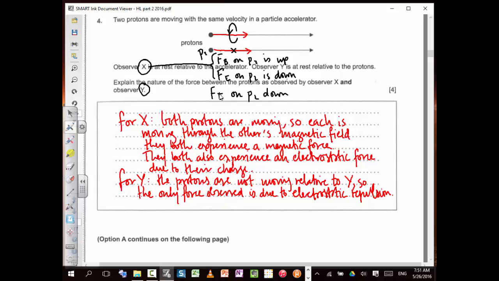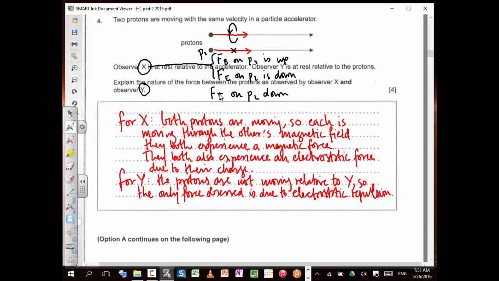Okay, so how do we explain the fact that the electric force for X is bigger than the electric force for Y? Well, they're both moving relative to X, which means that they will be length contracted, which means that there will be more charge per unit length.